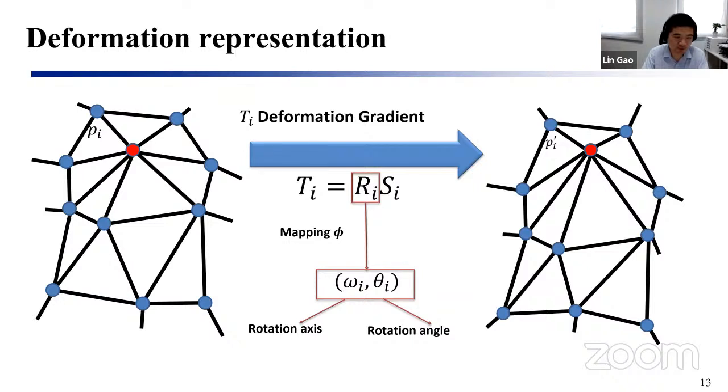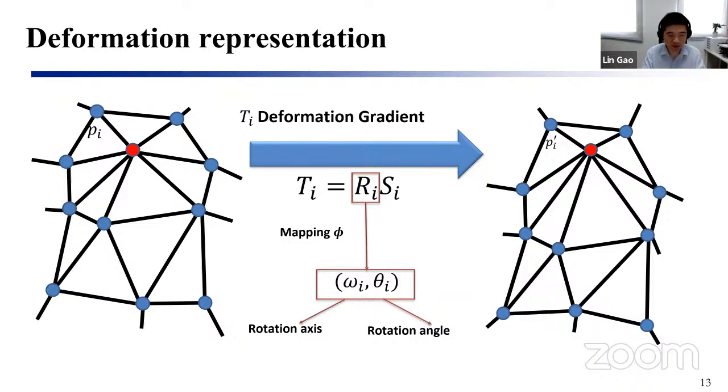From the left triangle collection to the right triangle collection, there is a deformation, and we could apply a deformation gradient matrix T to represent it. So for each triangle of the mesh, we could use the deformation gradient matrix, which is a 3 by 3 matrix, to represent the deformation.